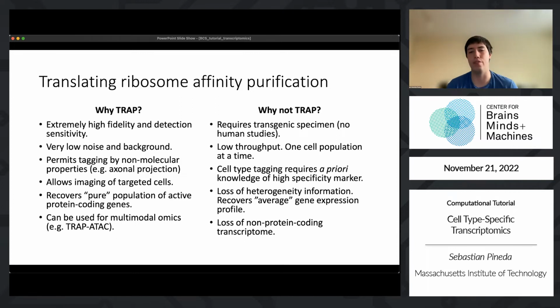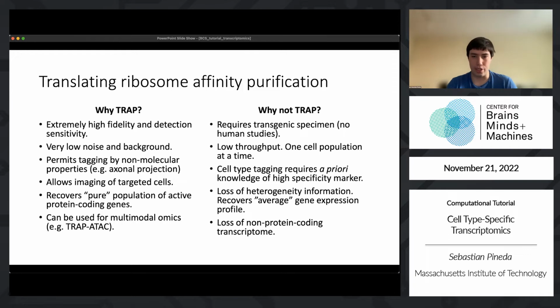If you are looking for cell types by a particular marker expression, this requires a priori knowledge of very high specificity markers. In the case of these DRD2 neurons that I just talked about, DRD2 is actually expressed at a low level in astrocytes as well. So without knowing that, you're going to capture a population of mostly DRD2 neurons, but you're going to have contamination from astroglial cells as well.